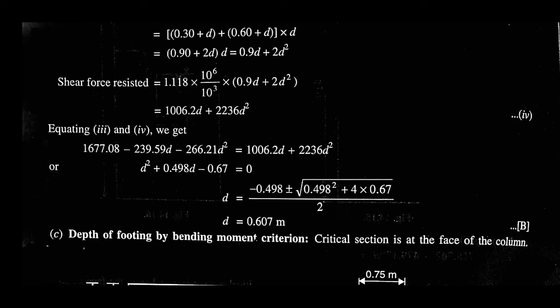So from this equation we have to apply Sridhar's formula and we can find out small d, that is equal to minus 0.498 plus minus root over 0.498 square plus 4 into 0.67 by 2. So d is 0.607 meter.